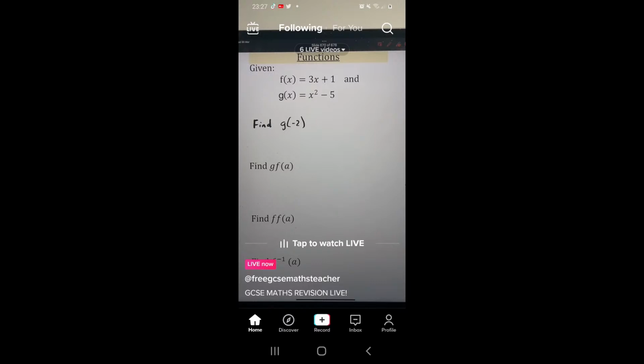Power button. Right, now just switch it off. I might have to switch to paper. So I'll answer this question on paper for you. Just bear with me one second. I'll get a piece of paper.